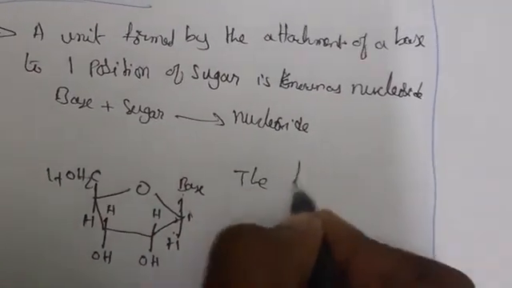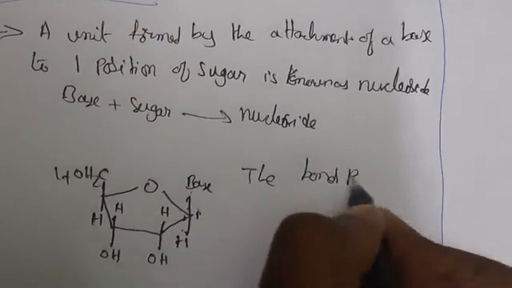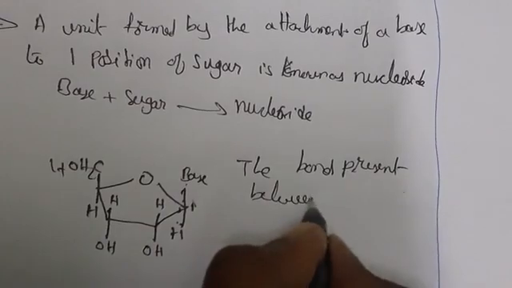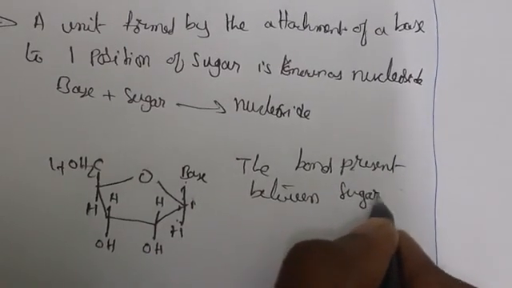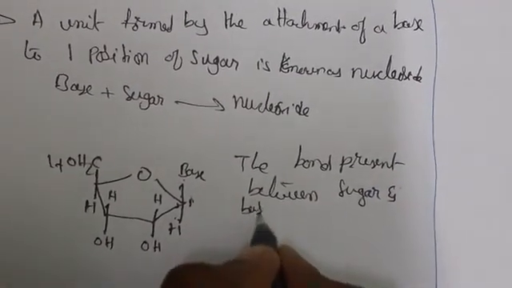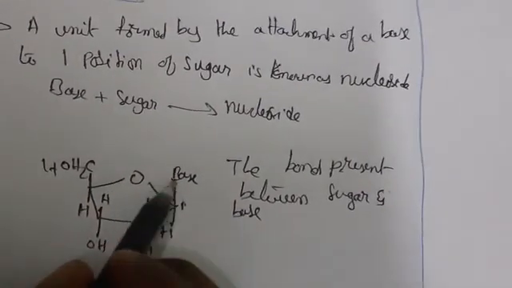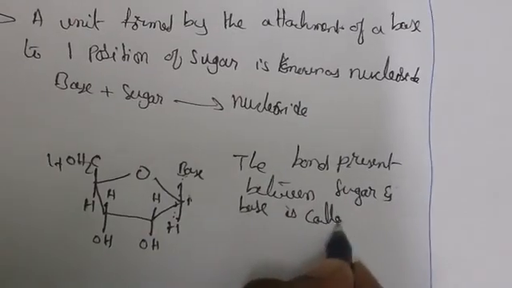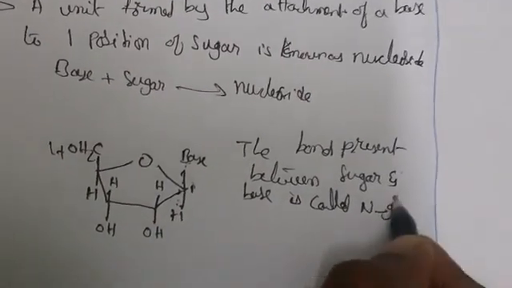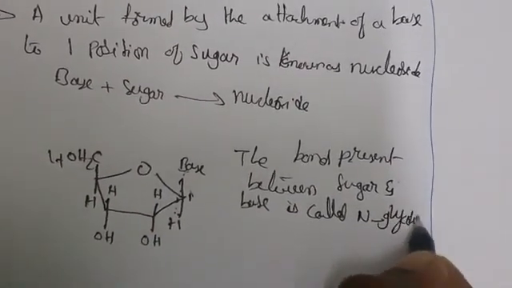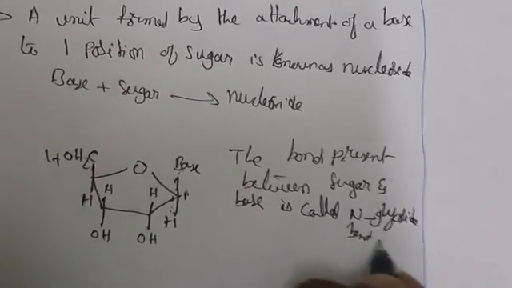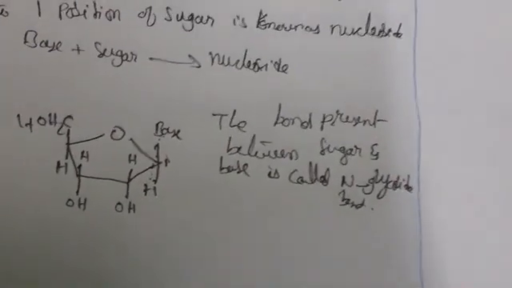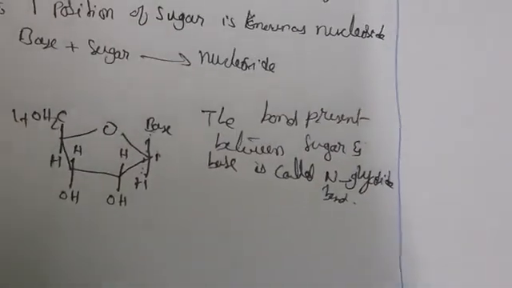Here the N-glycosidic bond between purine and sugar is at the 9 and 1 position.